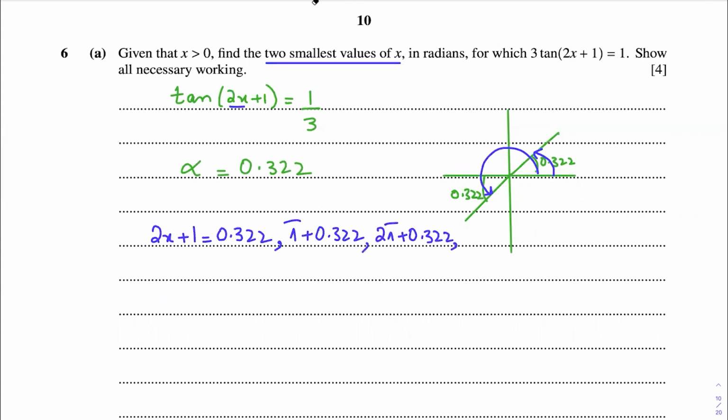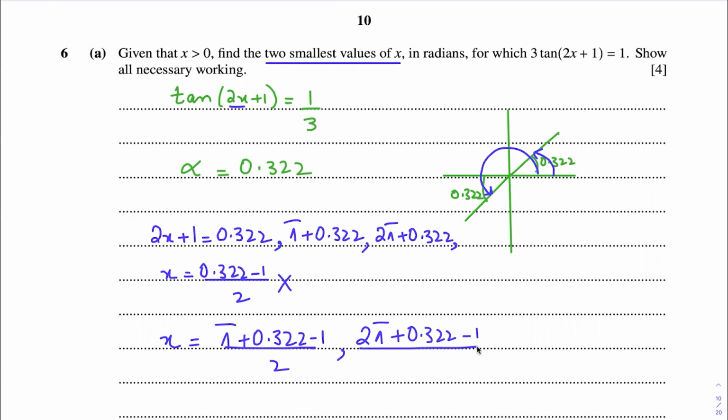So this will become x is equal to (0.322 minus 1) upon 2. Now this will give us a negative answer, and as x has to be greater than 0, this answer will be cancelled out. Our other two solutions would be (pi plus 0.322 minus 1) divided by 2 and (2 pi plus 0.322 minus 1) divided by 2.